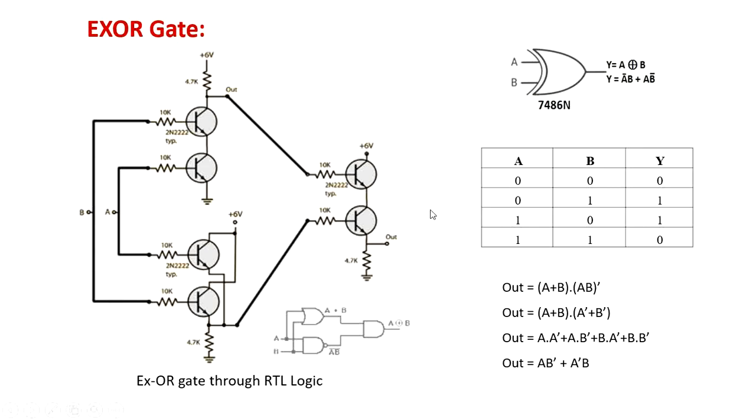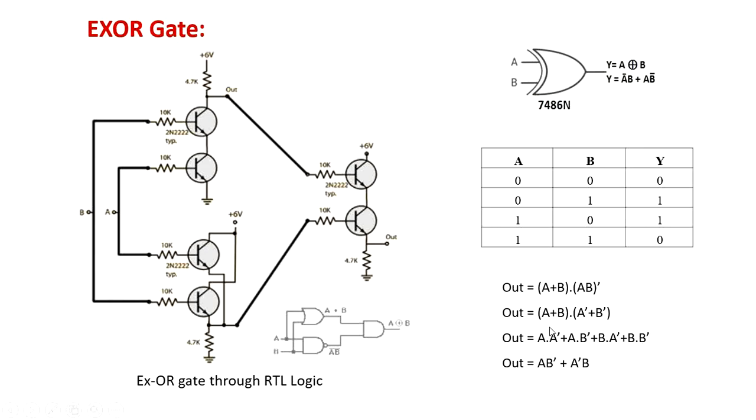Now coming to the XOR gate. You can form the XOR gate using these three gates: A OR B, and AB whole bar, and we will AND them. So (A or B) and (AB) whole bar. You can break this one using De Morgan's theorem, break the line and change the sign, and then you will simplify it: A bar or A dot B bar or B dot A bar or B dot B bar.